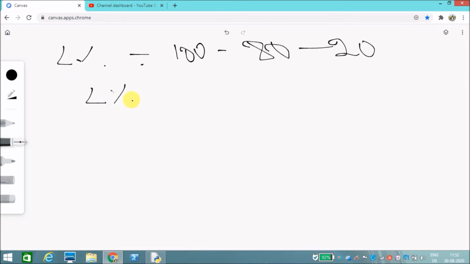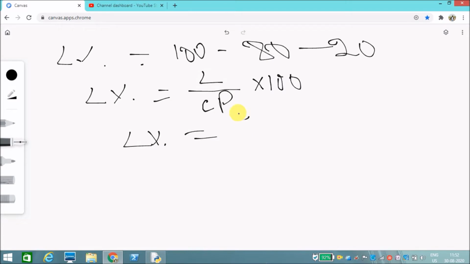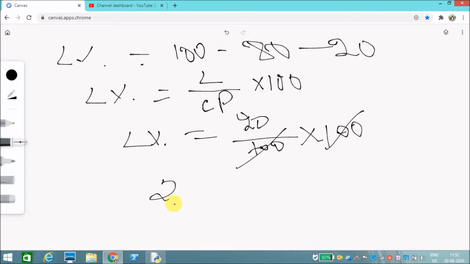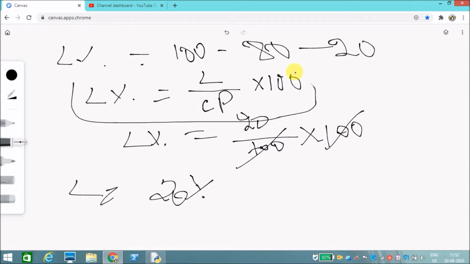Loss percentage is equal to the loss amount by the cost price, into 100. So loss percentage is equal to 20 by 100 into 100, so the loss percentage is 20%. Loss percentage can be found by loss by cost price into 100.